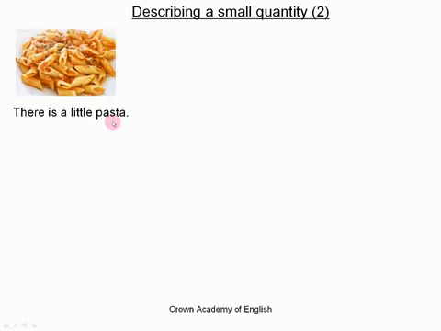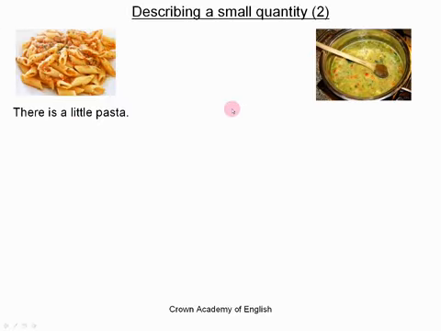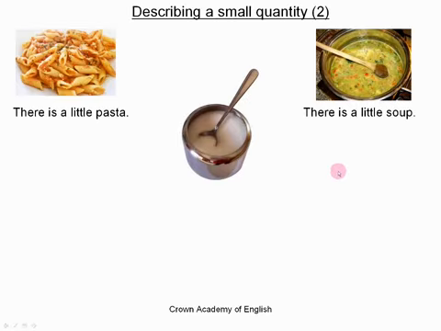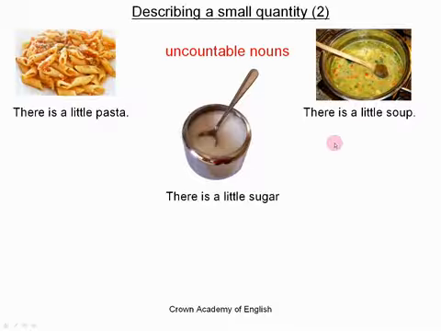There is a little pasta. There is a little soup. And there is a little sugar. But this time, all of these nouns, they are uncountable nouns. Okay, uncountable nouns.